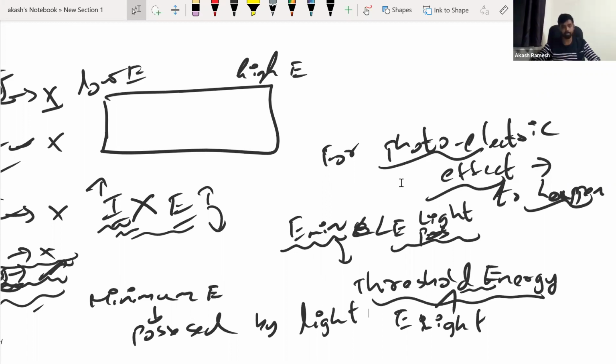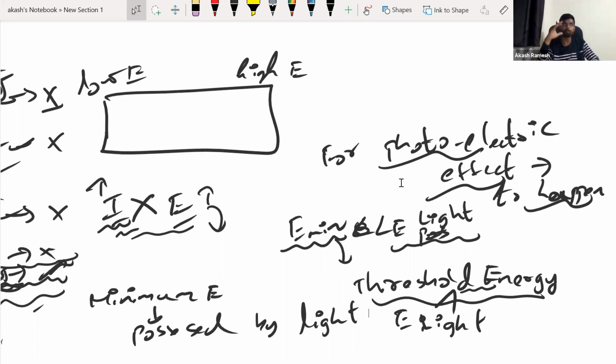I'll repeat the statement, please check again. Threshold energy is the minimum energy which must be possessed by the incoming light radiation for the photoelectric effect to happen. I think from the statement it is very clear.